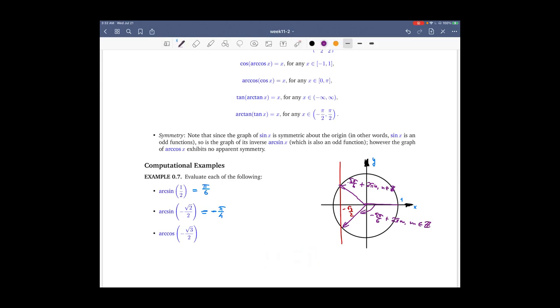That unique angle is 5 pi over 6. Cosine of 5 pi over 6 is negative root 3 over 2, but there are many angles whose cosine equals negative root 3 over 2, but only one of them, namely 5 pi over 6, lies in the interval 0 to pi.